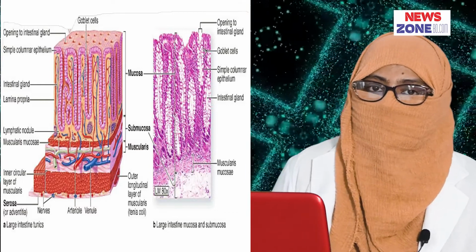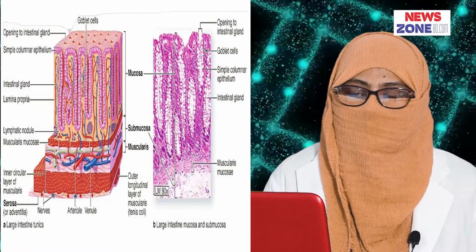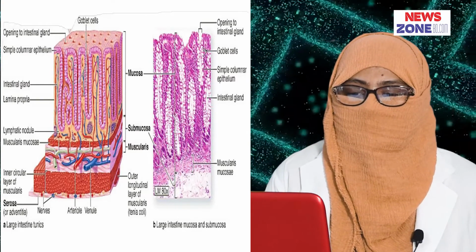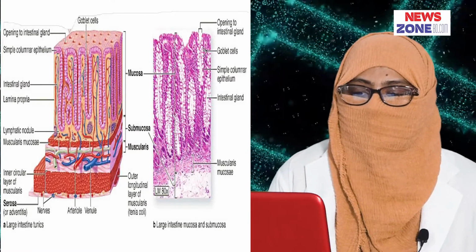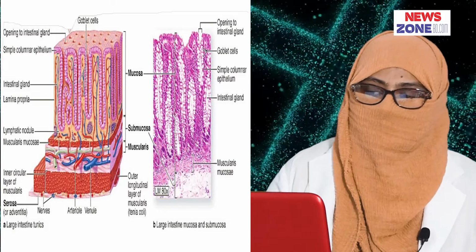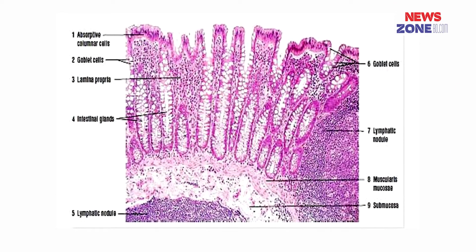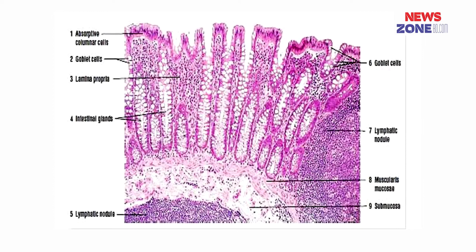The main functions of the large intestine are absorption of water, formation of the fecal mass from undigested material, and production of mucus that lubricates the intestinal surface. Grossly, the mucosa has shallow plicae but no villi.